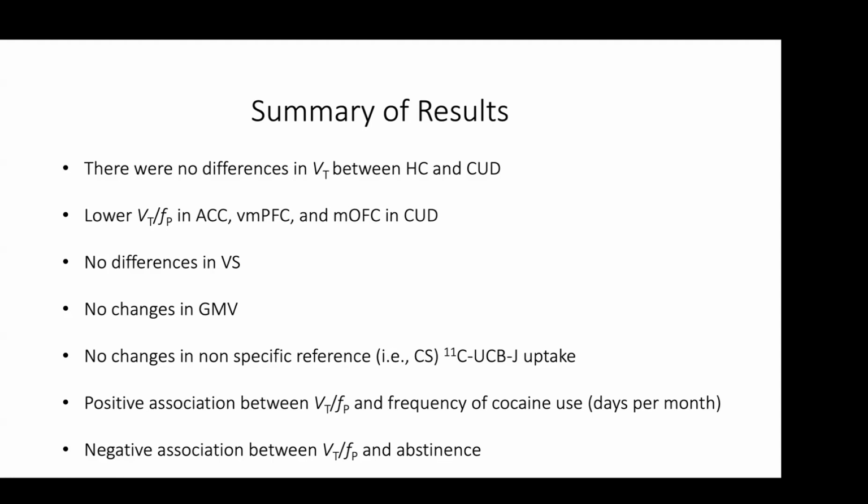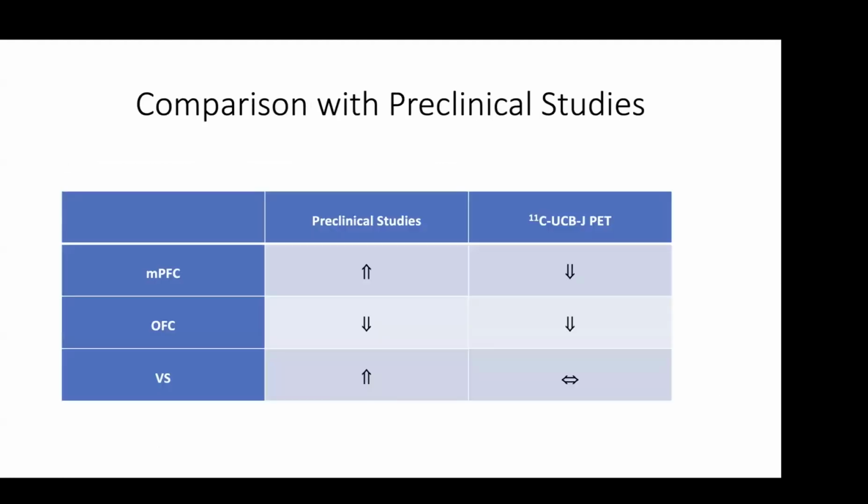Yes, and so that led to this comparison between the preclinical and the clinical studies, and then I can show you the longitudinal study that we are doing, trying to make sense of those correlations. In the preclinical self-administration studies, higher in the medial prefrontal cortex, lower in the medial prefrontal cortex in the clinical studies.